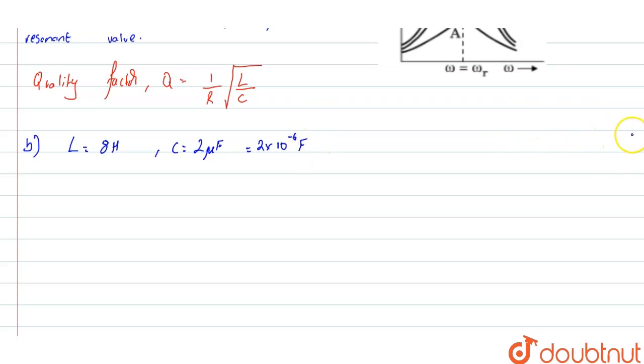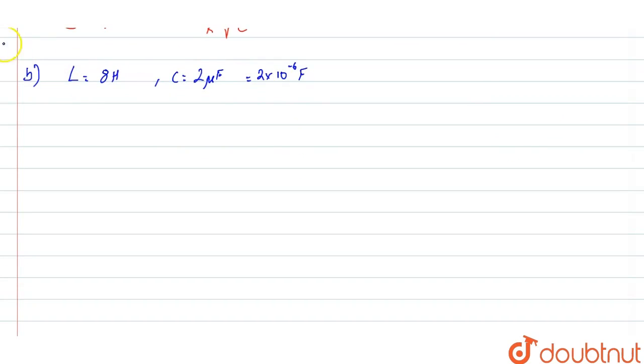Now to find the frequency, our frequency is given by the equation frequency equals 1 by 2 pi root LC. So solving this equation for frequency by substituting our values for L and C, we get our frequency as 39.81 Hertz.